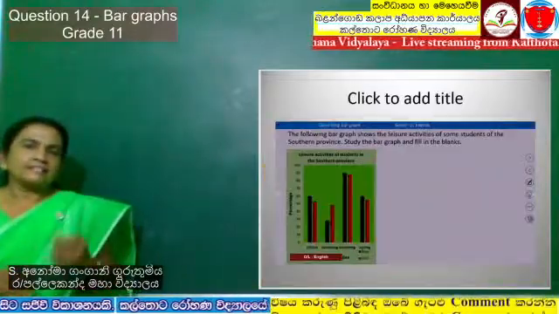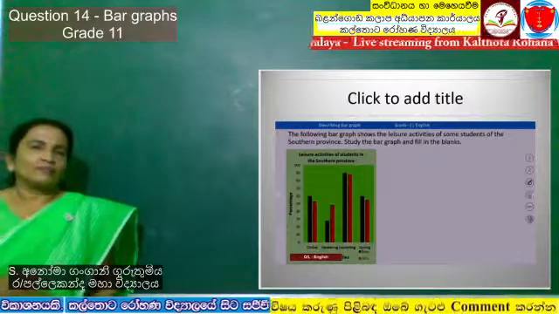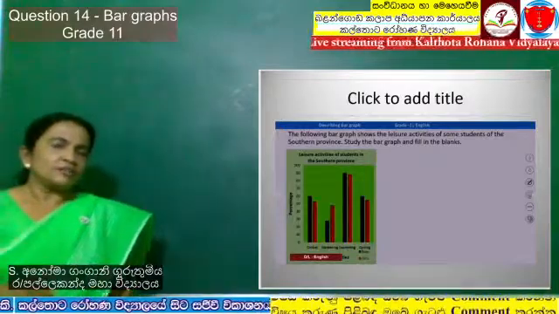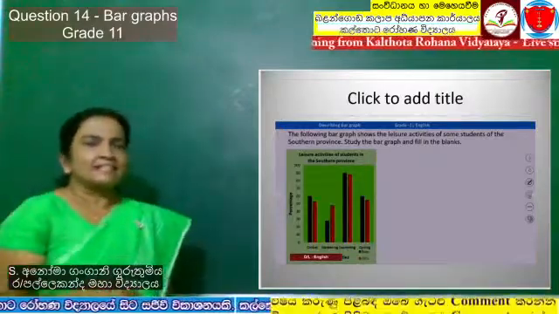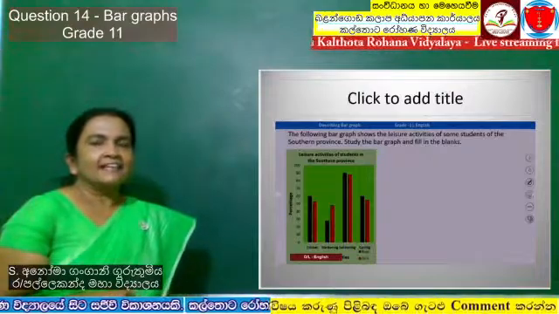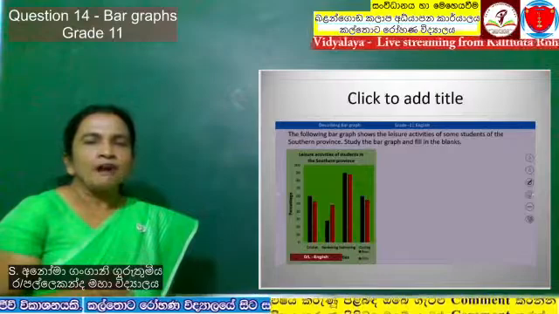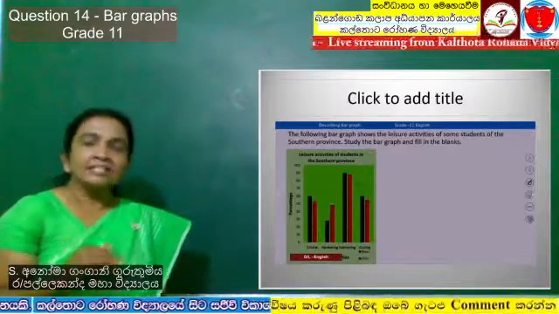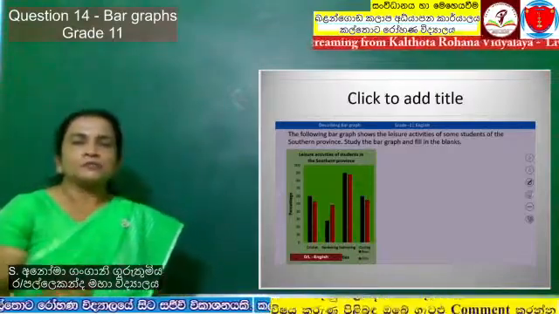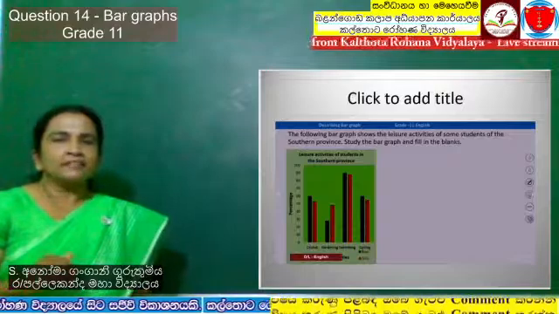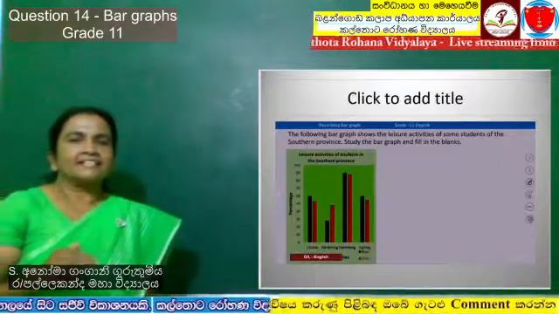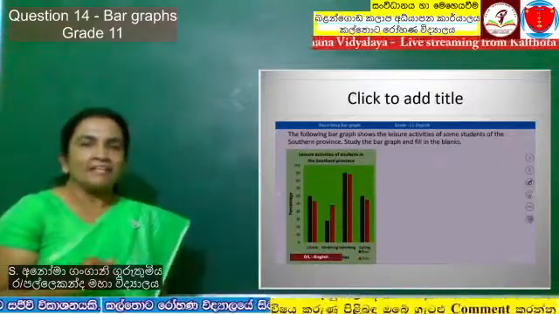Now see this one. Can you read the question, please? The bar graph shows the leisure activities of some students of the Southern province.